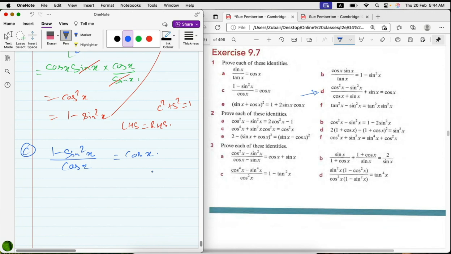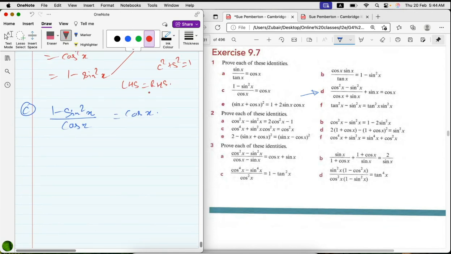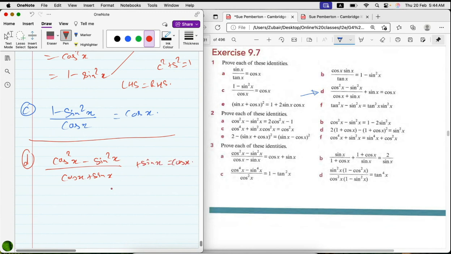Now see, mathematically that was correct, but we cannot foresee with less practice what shape it will take. See, this was cos square x minus sine square x over cos x plus sin x, plus sin x is equal to cos x. Now, I'm under the impression that I'll be doing something so that all the sine disappears from the left hand side to get cos.